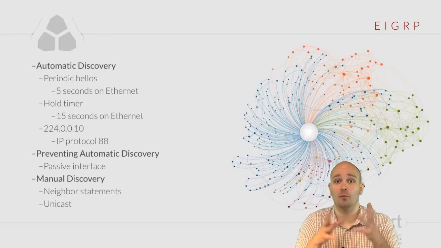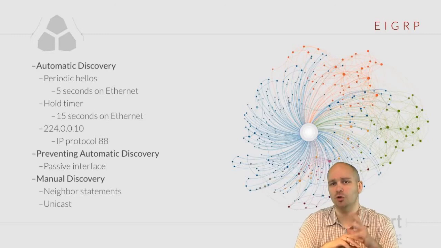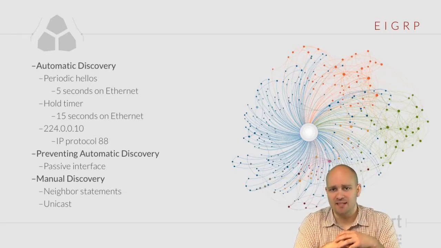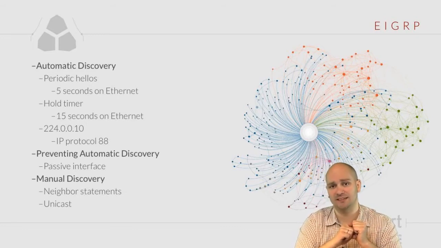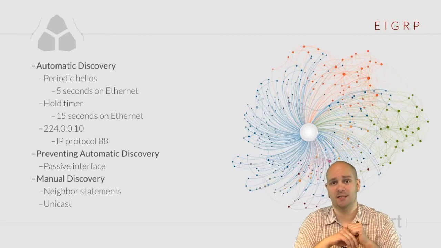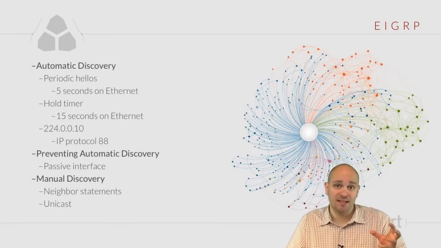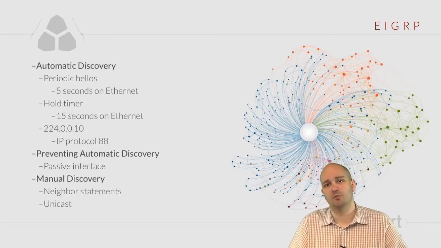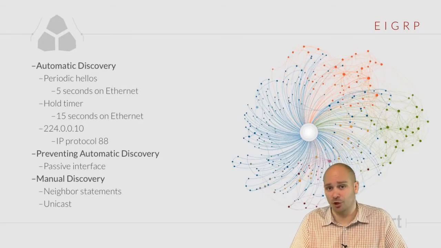We don't want to form the neighbors with those routers. If we have that situation, we are going to use a feature in IOS which is called passive interface. With the passive interface feature, we are preventing the hellos from being sent out of this interface. We are not going to be processing any incoming hellos or any incoming routing updates, but the interface network, the network associated with the interface, will be advertised into EIGRP as a protocol internal route.